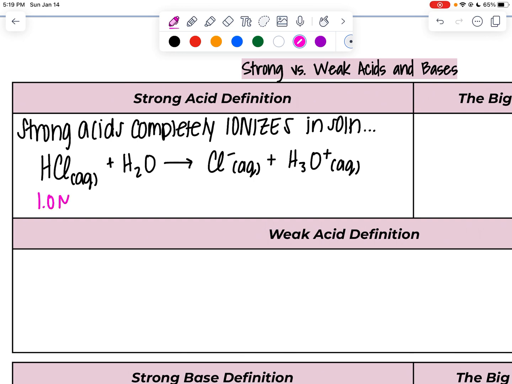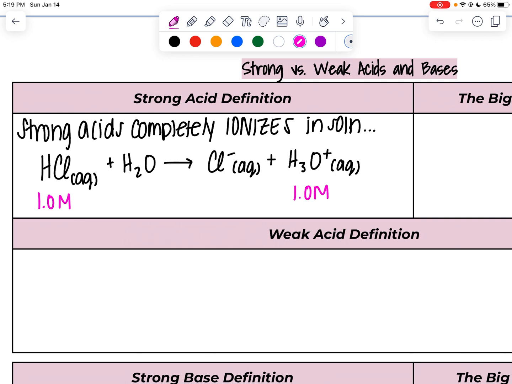So if you had, let's say, a 1.0 molar solution of hydrochloric acid and you added water to it, all of that hydrochloric acid is going to dissociate. It's going to ionize. That means in your final solution, you're going to have still a 1.0 molar concentration of those hydronium ions, because all of the hydrogen and the chlorine broke apart from each other to form those ions.